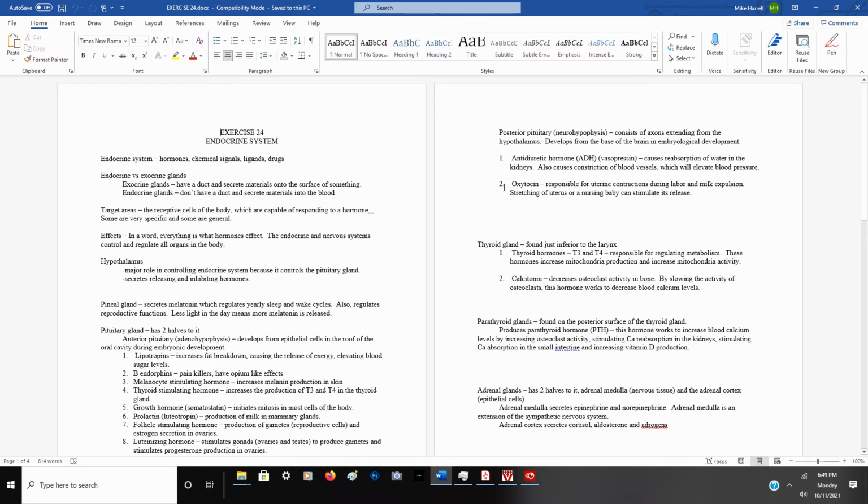Next we have oxytocin. This one has 2 different target tissues. Now where you almost entirely hear about oxytocin is causing labor contractions. It will target the smooth muscle in the wall of the uterus. We'll see that further in the reproductive system. So it targets that smooth muscle in the wall, tells it to contract, causes labor contractions.